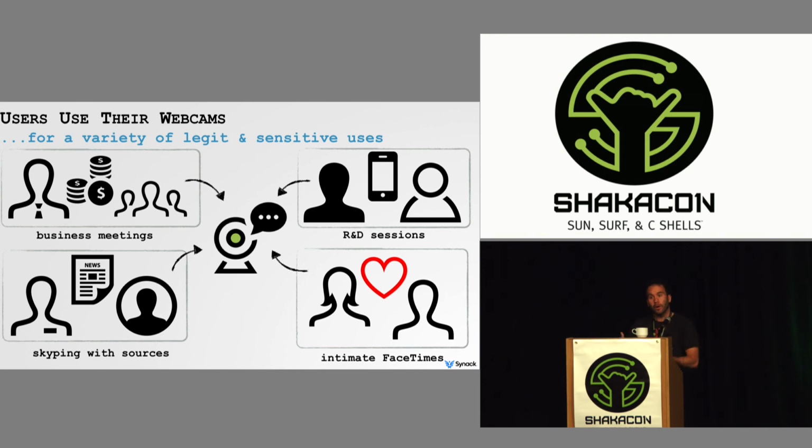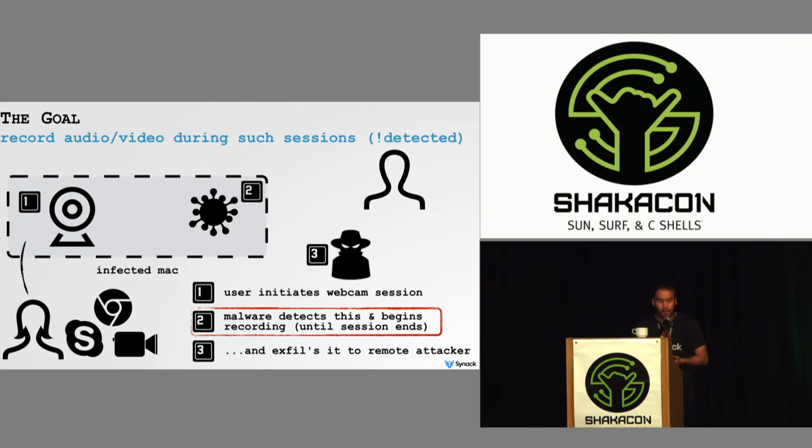What they probably want to record, though, is when I'm talking to Apple security team about a 0-day vulnerability, or when I'm talking to my company about some new acquisition we have. If it's a hacker, they might be most interested in those intimate FaceTime sessions. So that's when the user is actively using their webcam, and that's probably what the nation state or even normal hackers are most interested in anyways: these sessions when the user is legitimately using the webcam.